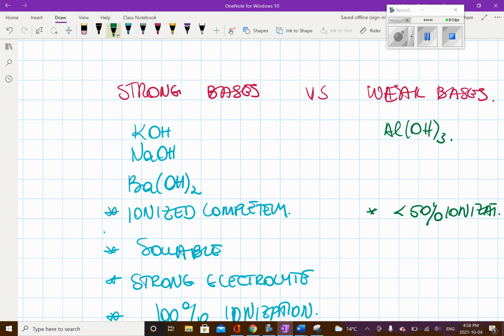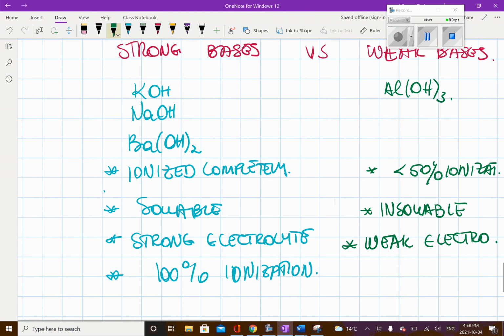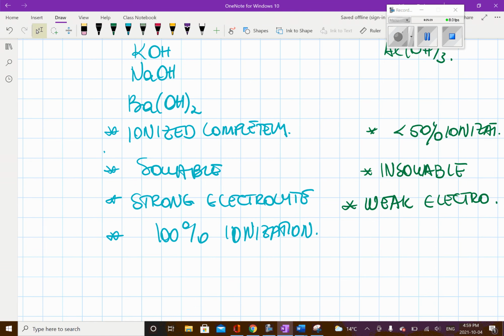And they are insoluble, weak electrolytes. They don't have enough ions. Weak electrolyte, and as I said, they are less than 5% ionized.